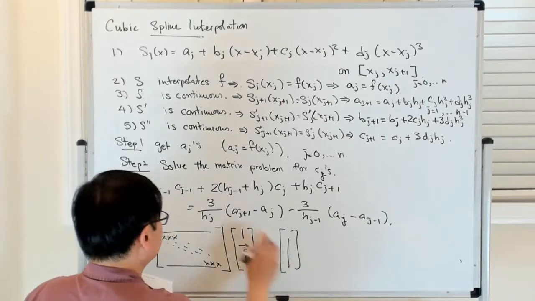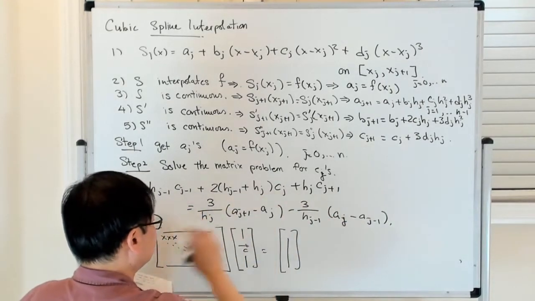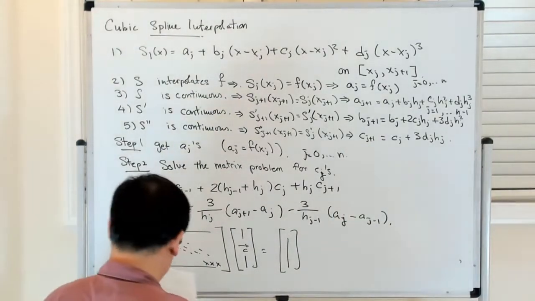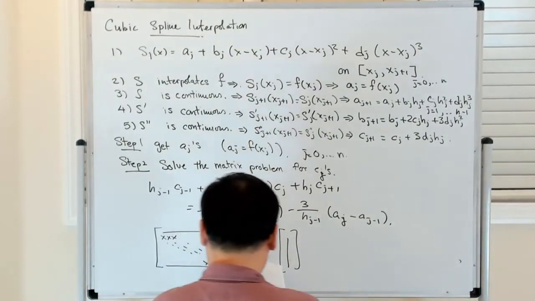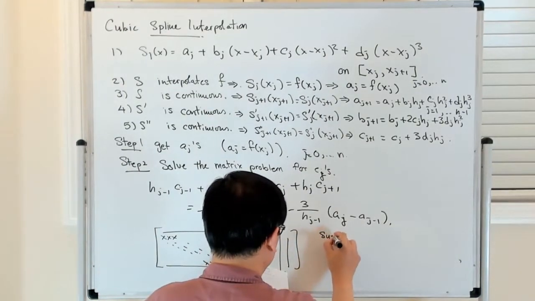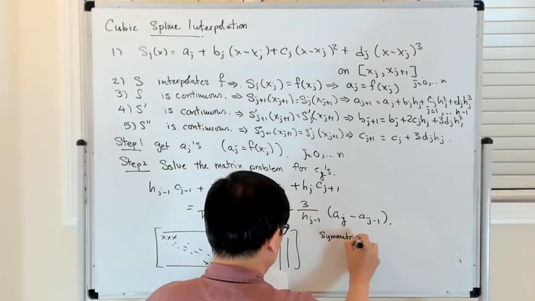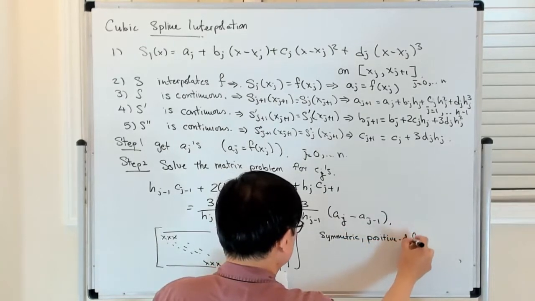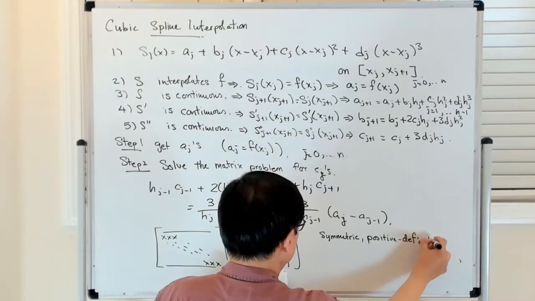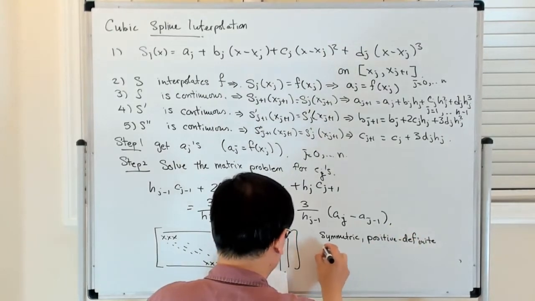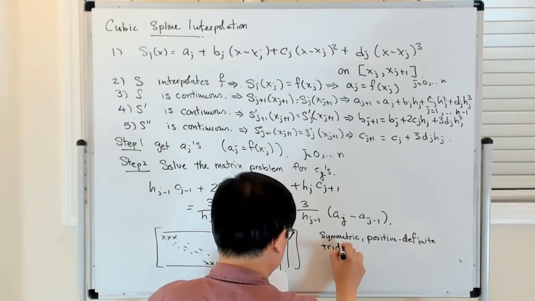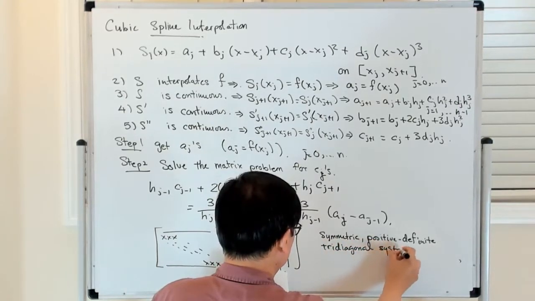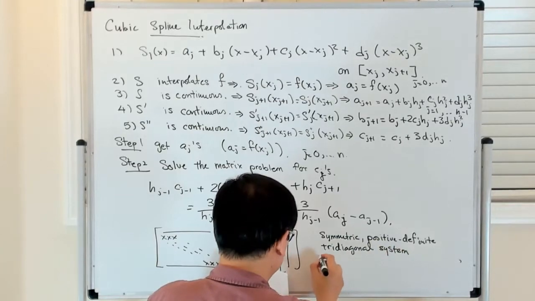This here is the right-hand side, which is expressed in terms of the a's. So it's a symmetric positive definite tridiagonal system for the c_j's.